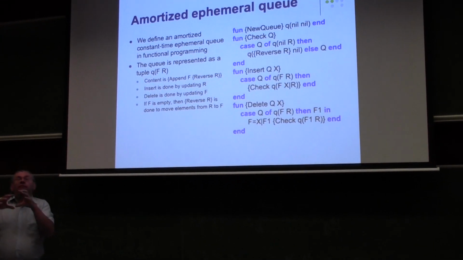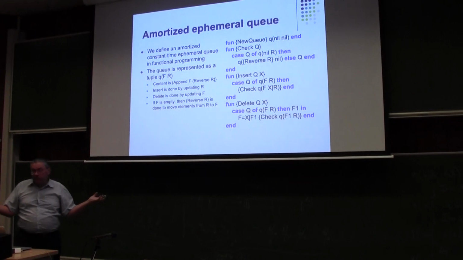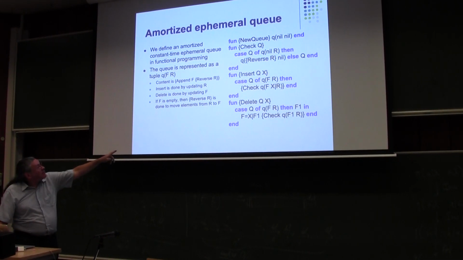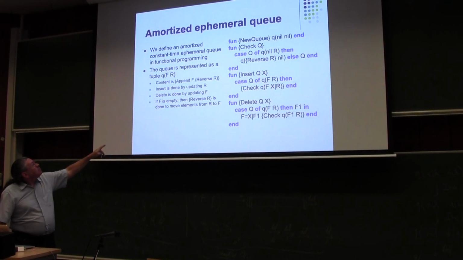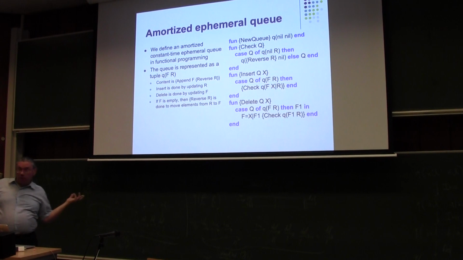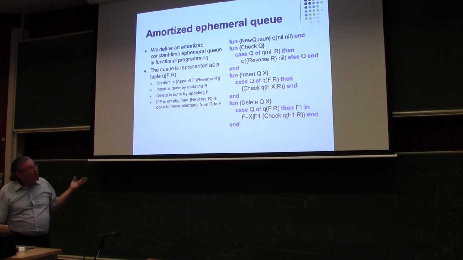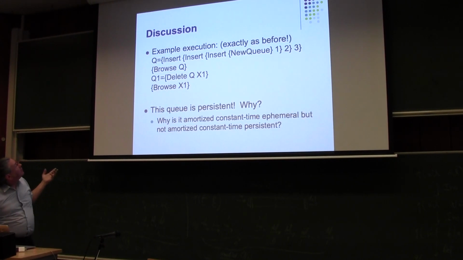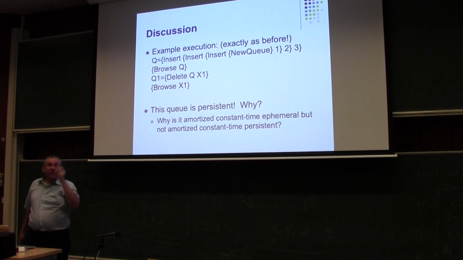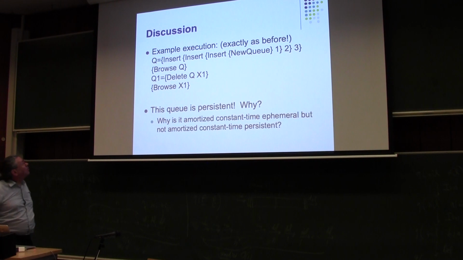You have to have a richer representation. So this is neat, right? This is a nice trick. This guy gives you amortized constant time, and it's just a functional program. So you can run this exactly like before. The interface is exactly the same.